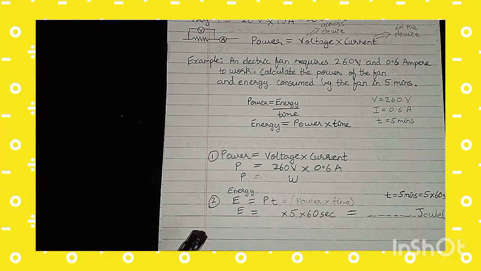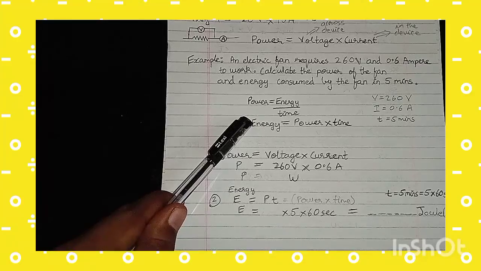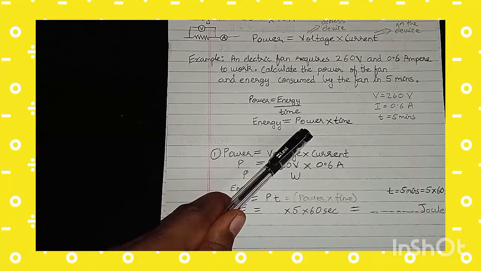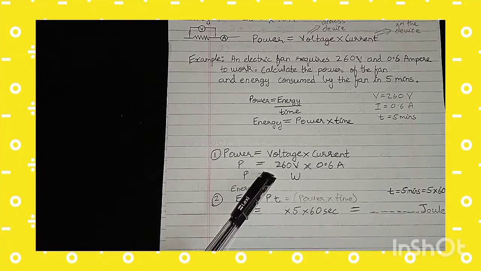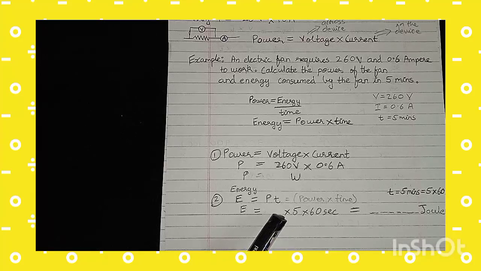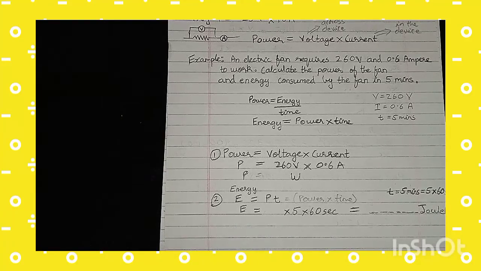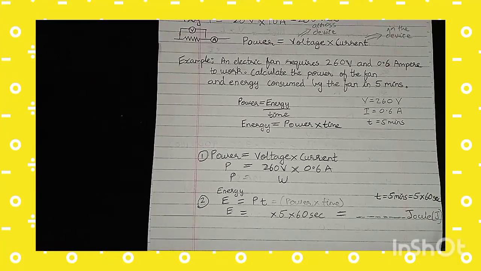Okay, now we will go. We are not asked the power, we have been asked the energy. So energy, you have seen in the above equation, energy is equal to power into time. So this power, the number you have got from here in watts, you need to multiply that with the time. Time is in minutes, so you need to convert minutes into seconds.